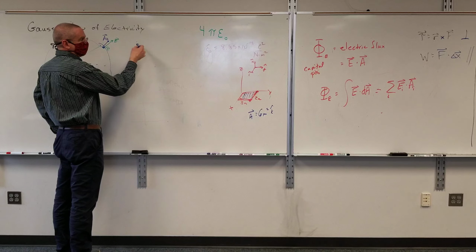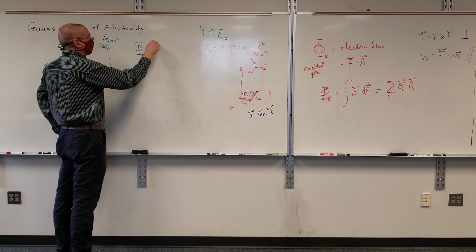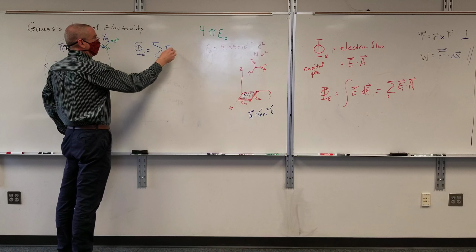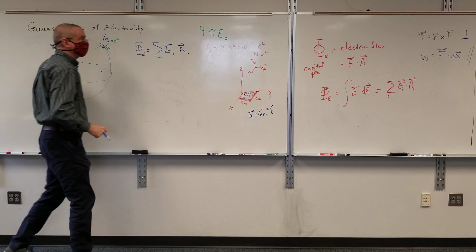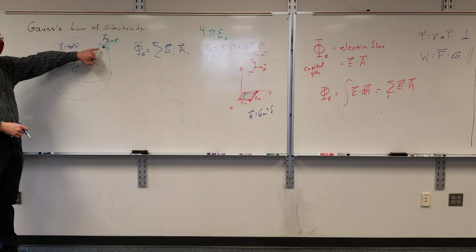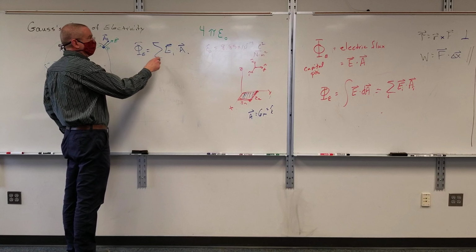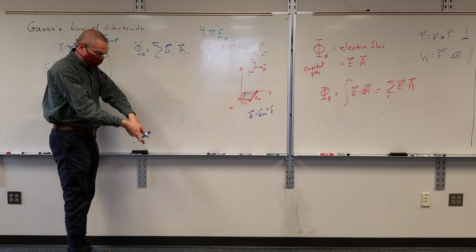So formalizing it slightly, it's the sum of the electric field at any point i, dot product with the area at any point, the area of some tiny little section right here. They're always pointing the same way no matter where I am on the surface of the sphere.